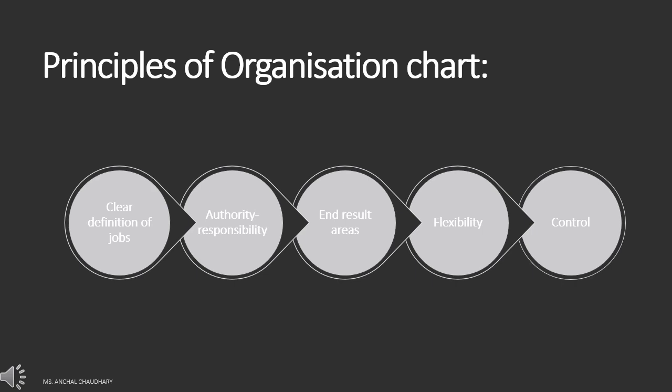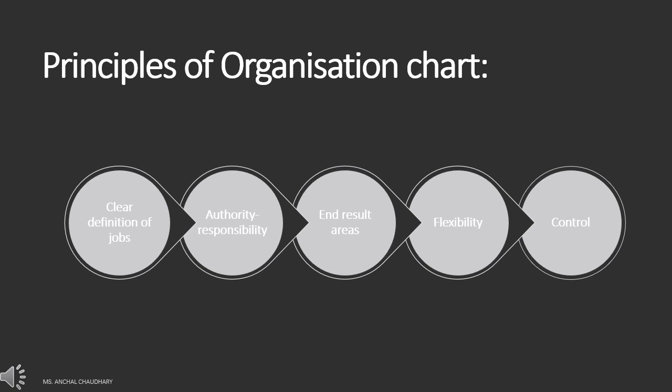Next is end results area. What we are expecting from the employees, what is the task which has been expected from the specific job, that should be clearly defined in this organization chart, so that we know exactly what we are expecting from each position. Next is flexibility.